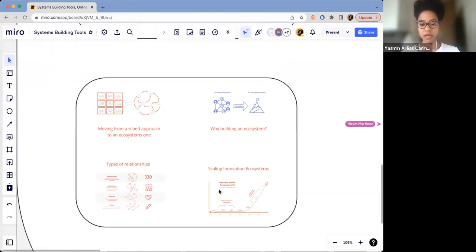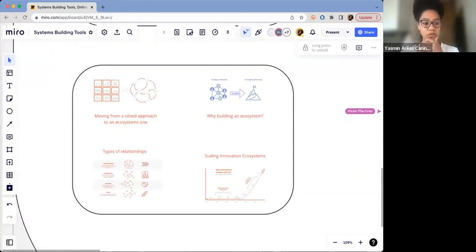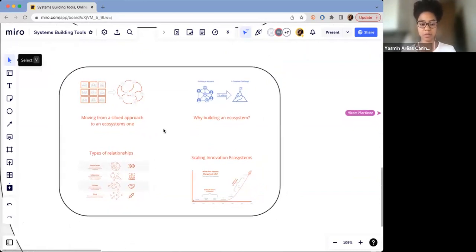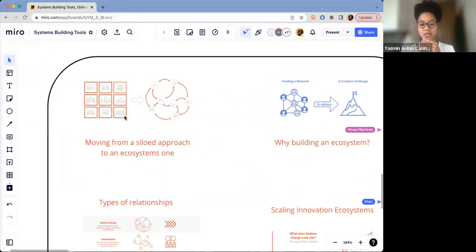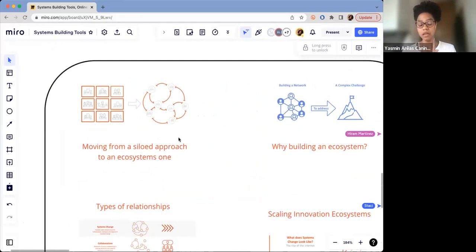Just a quick review of the concepts that we covered on our introduction on systems building. First, we talked about this idea as systems innovation in general. It's about trying to move from this siloed approach to understanding and to being complex organizations towards one that it's more of an ecosystem.